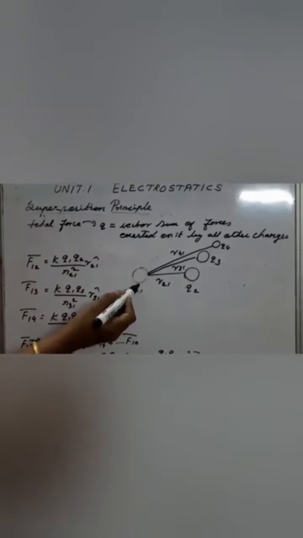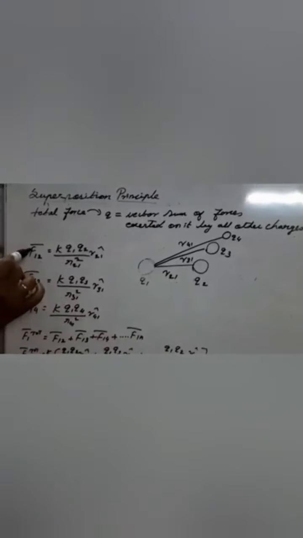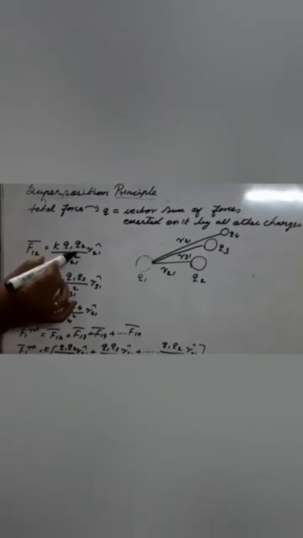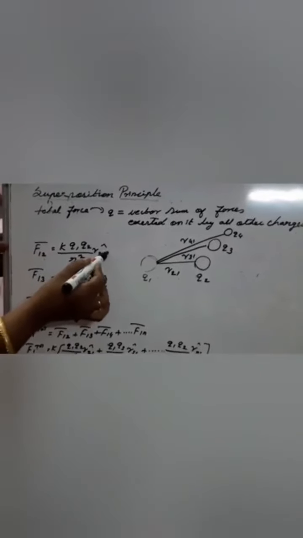First, take charge Q1 and another charge Q2 which is kept at a distance r21. Here the force exerted by Q1 on Q2, therefore the force F12 equal to K into Q1 Q2 by r21 square r21 cap.